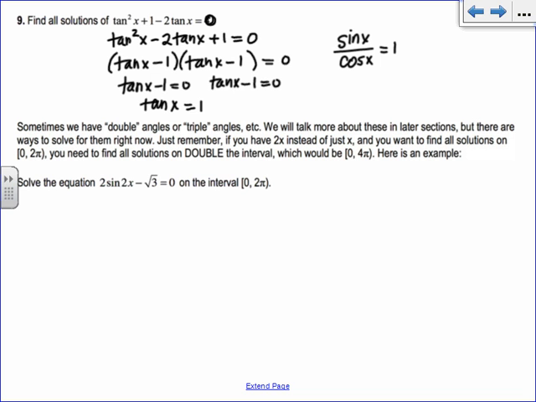What does that mean? Yeah, sine and cosine have to be exactly the same number. So x and y are the same number. You could also multiply the cosine over if you want to. We're saying sine of x equals cosine of x, right? So sine and cosine are equal to each other in the first quadrant and the third quadrant. So our answers are going to be pi over 4 and 5 pi over 4. Okay?